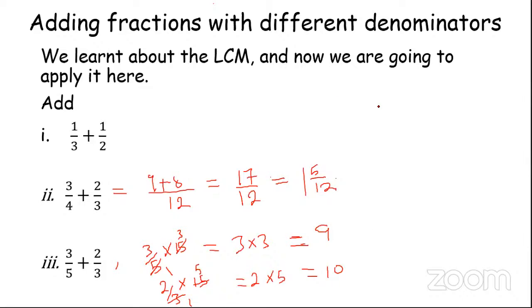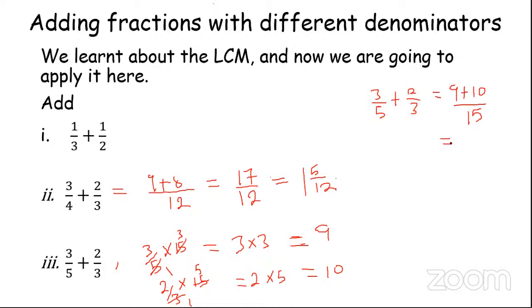So we would now say 3 over 5 plus 2 over 3, same as 9 plus 10 divided by 15.